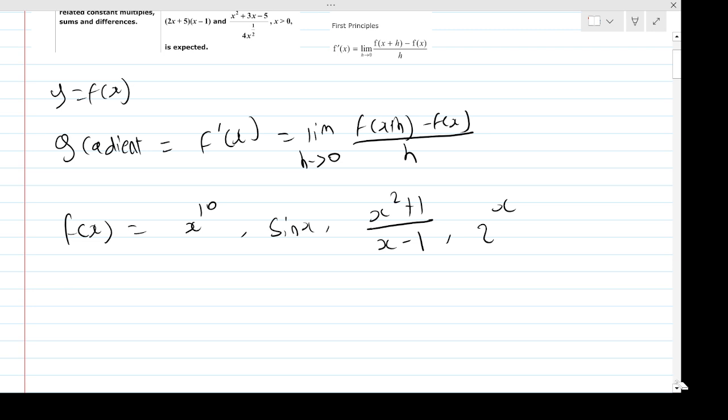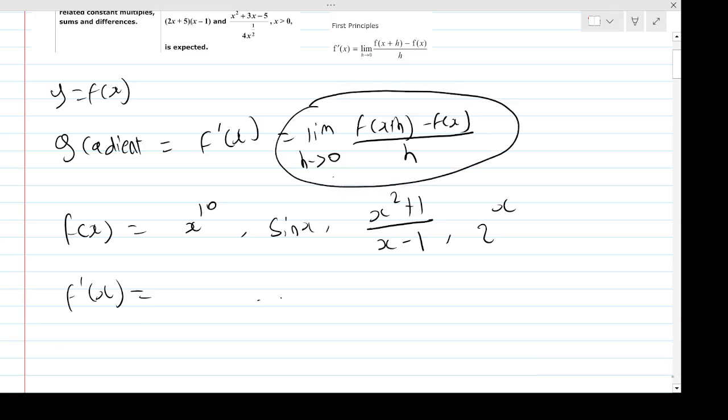So then f dash of x would be, well, we'd have to find a way of finding the gradient function, right? But obviously, the only thing we know so far, if we were to work out the gradient functions of these functions, so f of x is here, then the gradient function f dash of x would have to resort to using this rule here, okay?